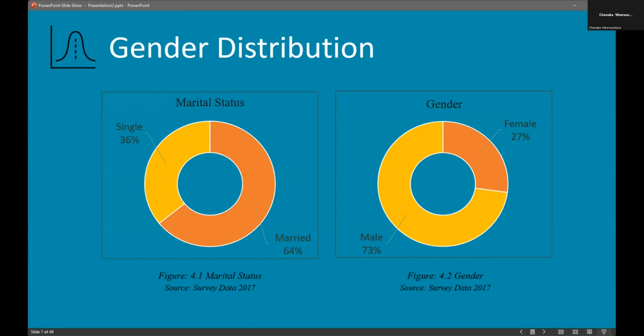In your case, you have to mention the year that you conducted your survey. That is also valuable information that you should present. Right, so this is basically gender distribution.